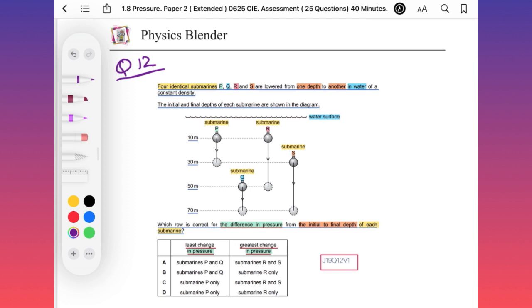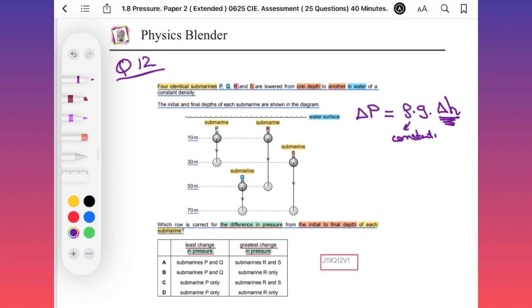Back to the equation, the pressure difference is equal to rho g h. Since here the density is constant, the factor which is changing is depth of liquid or depth of submarine.